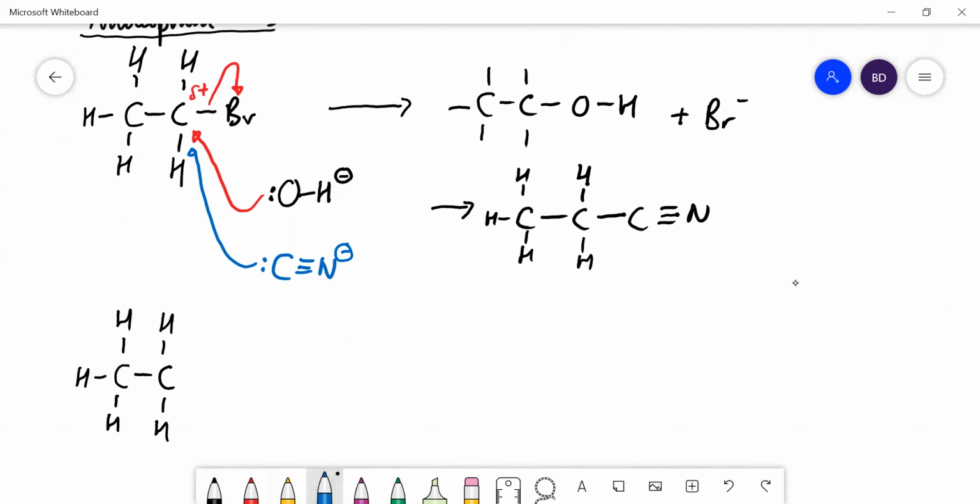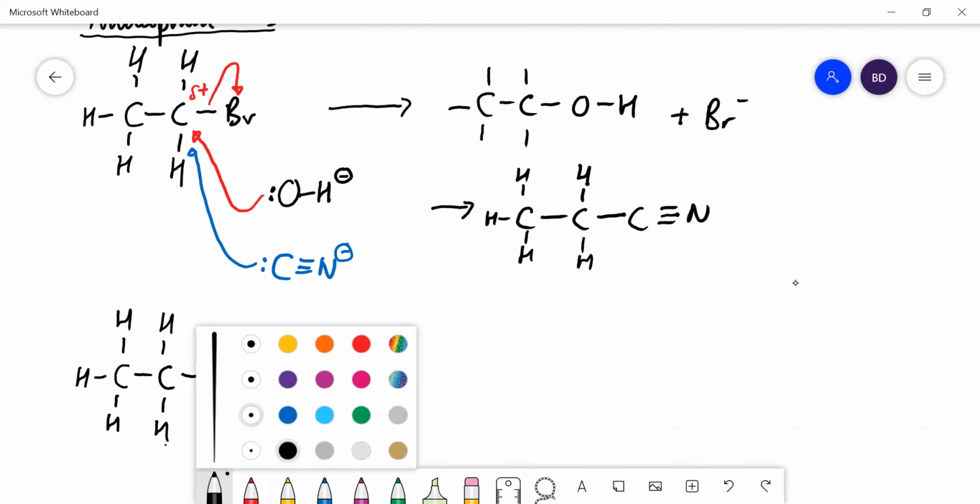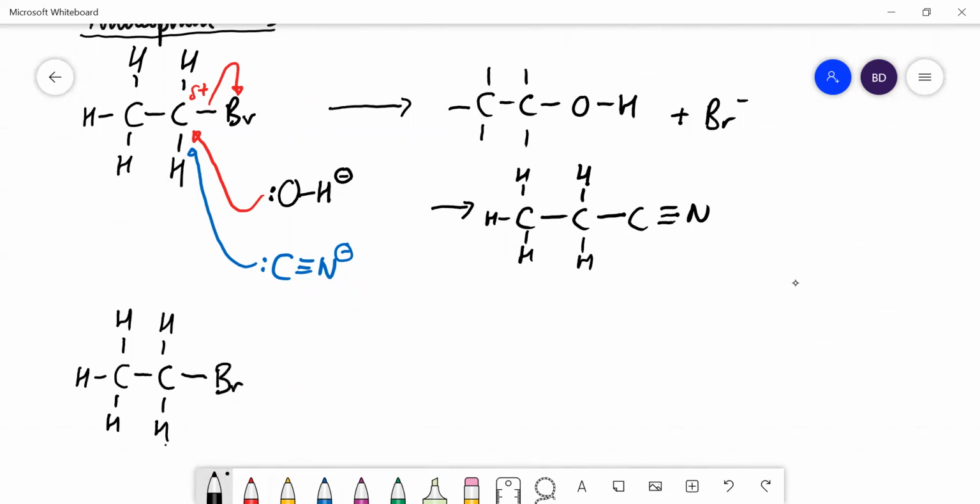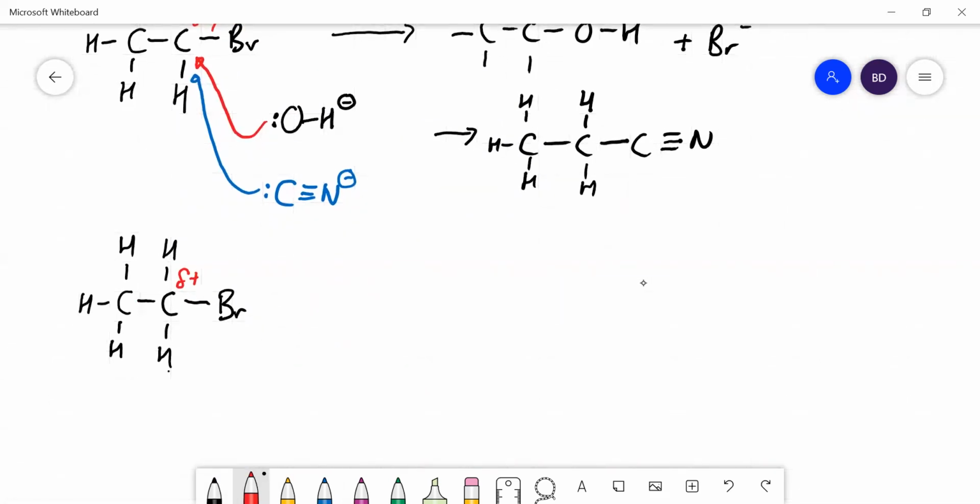So we've got our bromine on there. Delta positive on the carbon. Now the nucleophile is the ammonia, and that's because it's got a lone pair and a very electronegative element, nitrogen. Okay, so I will draw that out with 3 hydrogens. I'll show the bonds.